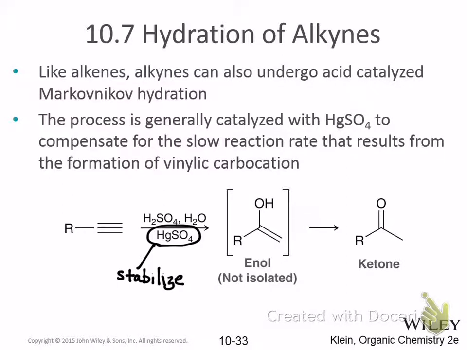We don't use it for that very often, anyways, not that I can think of. So the mercury part of it, this part, I should just circle that, stabilizes the pi bond. And that helps to lower the activation energy and allows you to form the carbocation on that secondary carbon.